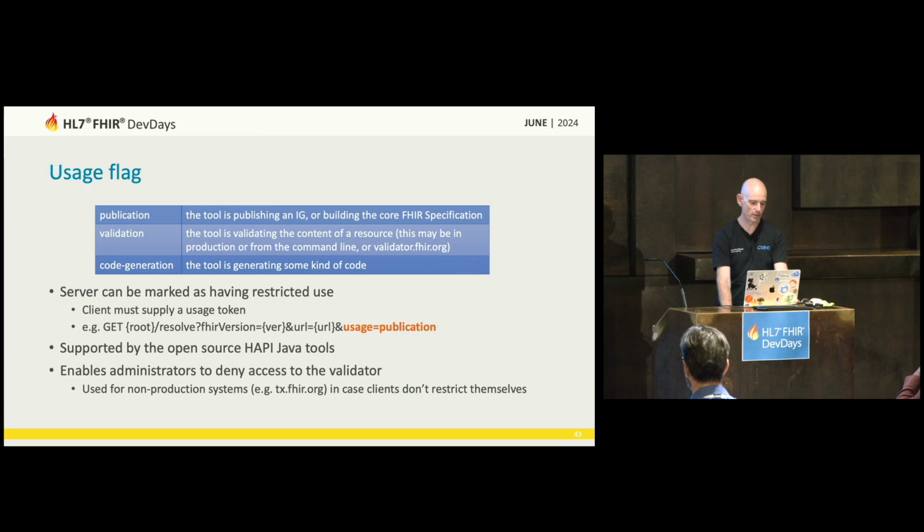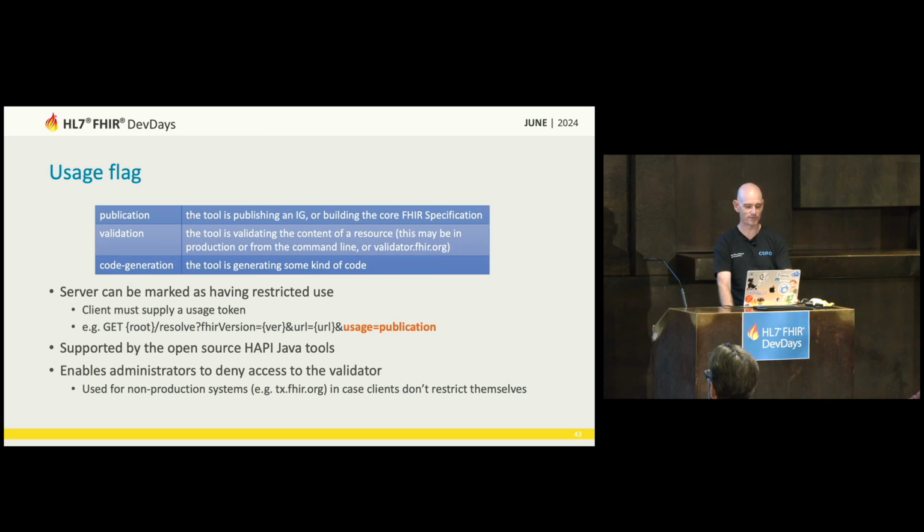The one other thing to be aware of is the usage flag. So this is kind of a mechanism to stop servers from being hammered by clients that don't restrict themselves. So the administrator of the servers can declare whether it's okay to call this for publication only, or maybe for validation or for code generation purposes, because obviously validation happens a lot, publication happens a lot less.